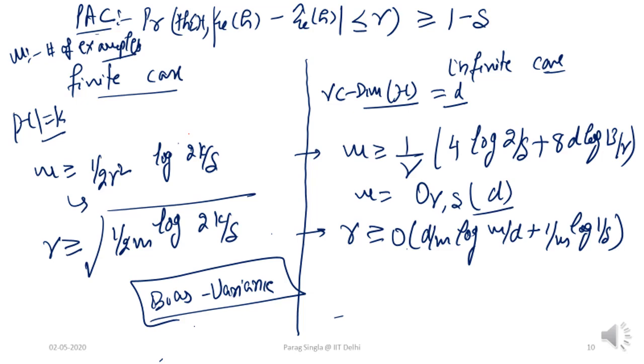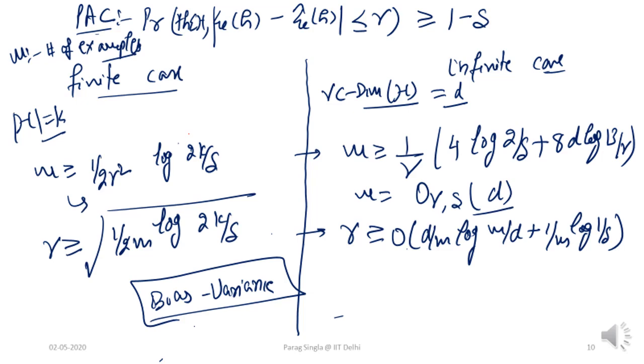But note that the role of k, the size of the hypothesis class, has been taken up by d, the VC dimension. Coming back to the left side, for the finite case, the dependence of m on k was logarithmic. I won't go into much detail, but it is connected very intuitively to being able to use log k bits to represent a k-sized hypothesis class.